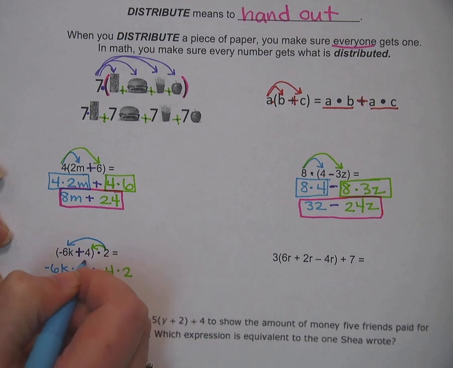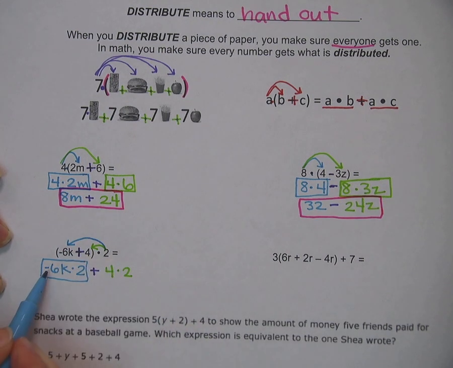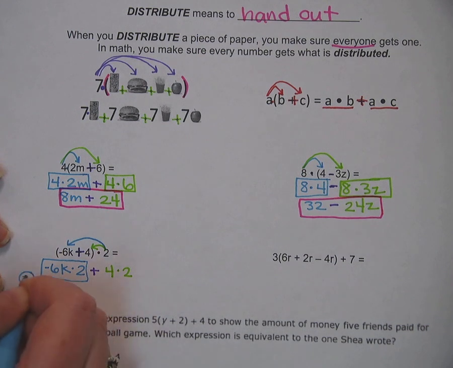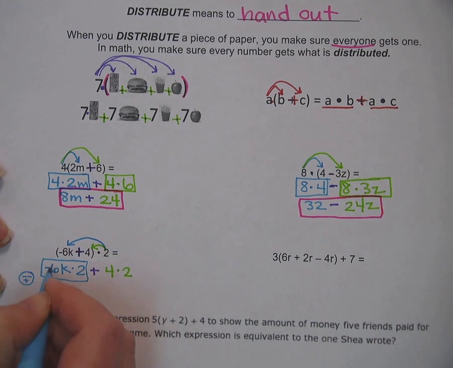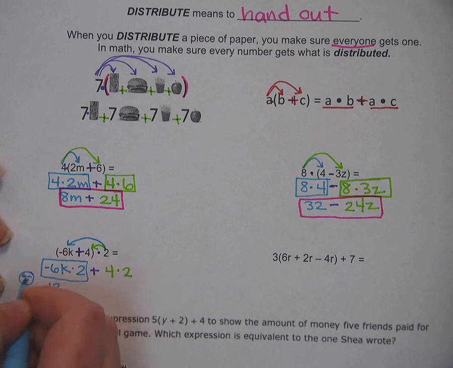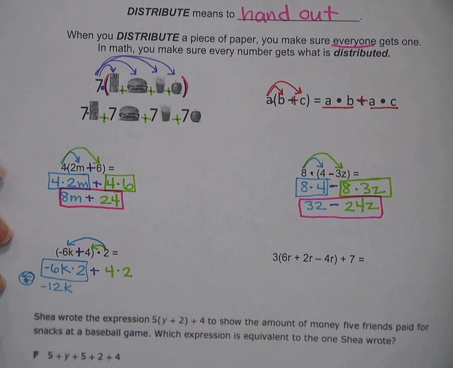And then I'm going to solve my 2 multiplication pieces. I have a negative 6 times 2, so that means I need an integer man. When we multiply and divide negatives, we need to use integer man. 6 times 2 is 12. 6 is negative, 2 is positive, so what's left? Negative. So negative 6 times 2 is negative 12k.